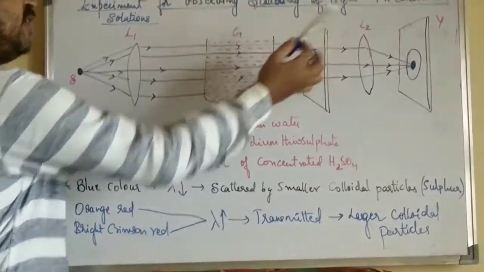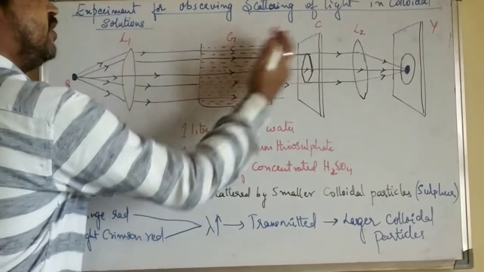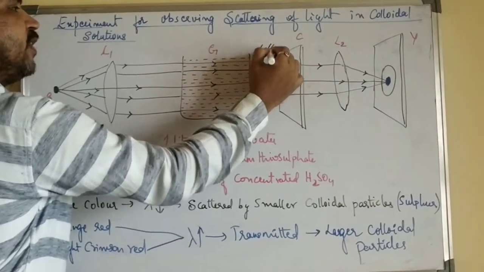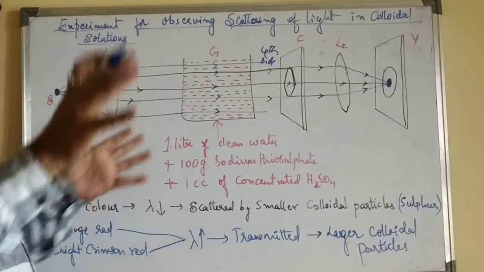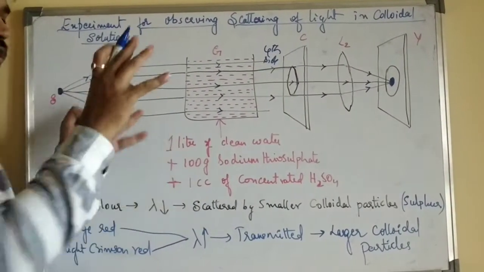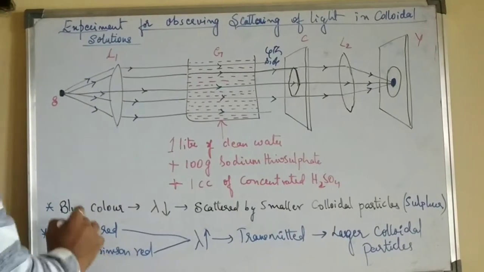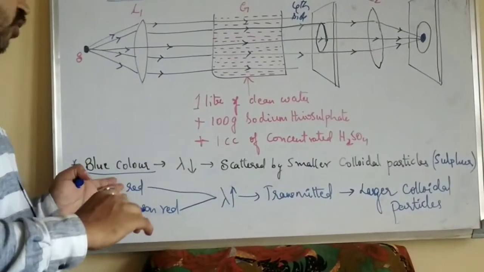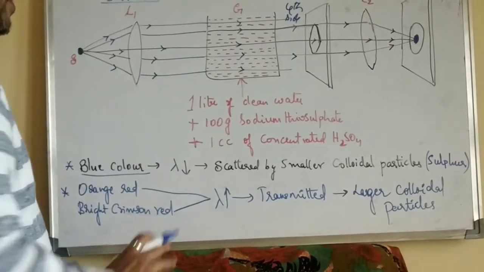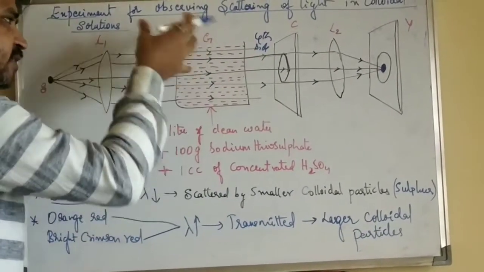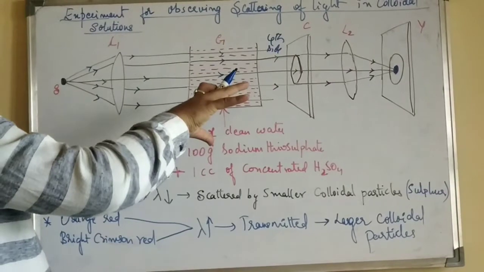This is the fourth side of the tank. Now see here, this side is the fourth side. All remaining 3 sides are there, right? On all those remaining 3 sides, the blue color, which has the lesser wavelength, is scattered, within this glass tank itself. Why?